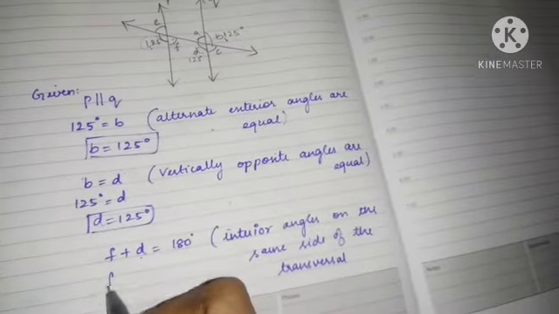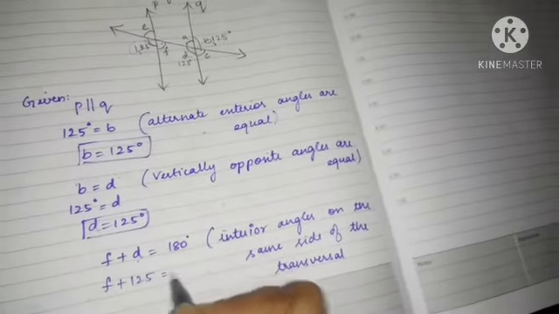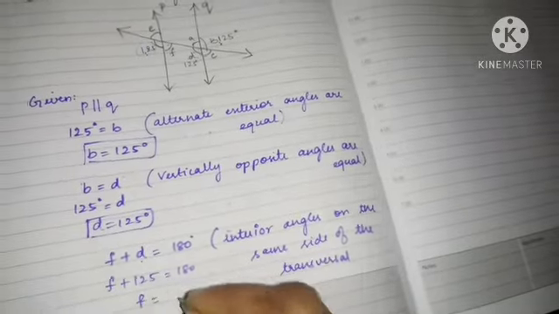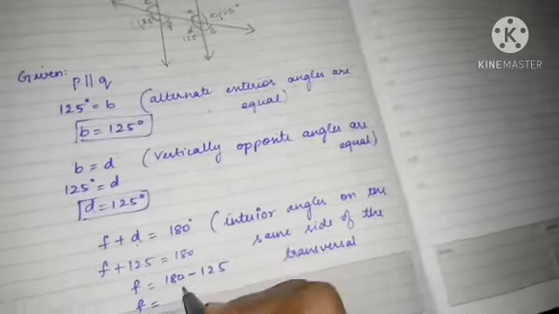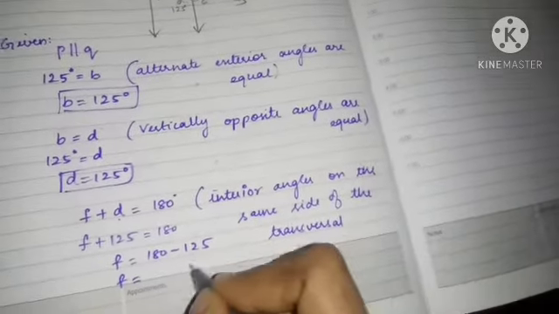What is the D value now? 125. So F is equal to 180 minus 125. So F is equal to how much? 55.